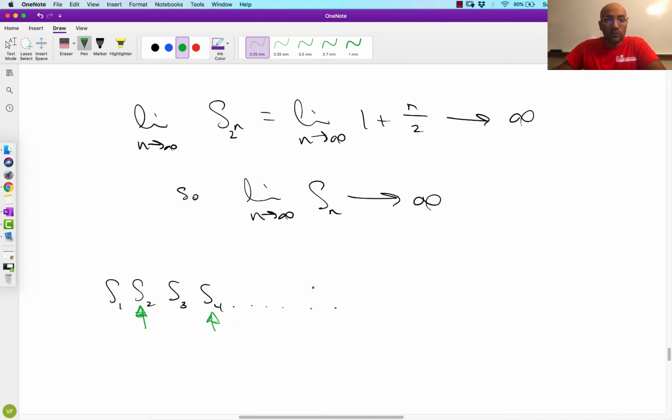If we can show that this one goes to infinity, and then we look at s sub 8, and then s sub 16, and then s sub 32, and then s sub 64, right? If we just focus on all the ones that have a subpower of 2, and those guys are going off to infinity, it'll just drag the whole thing along with it, right?